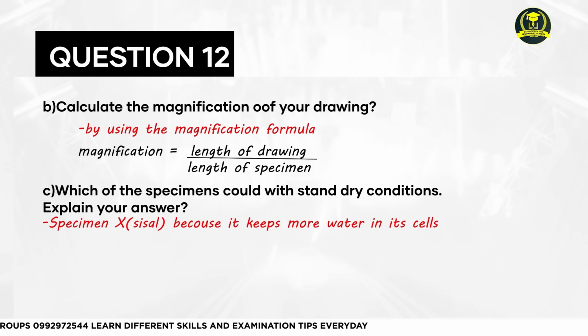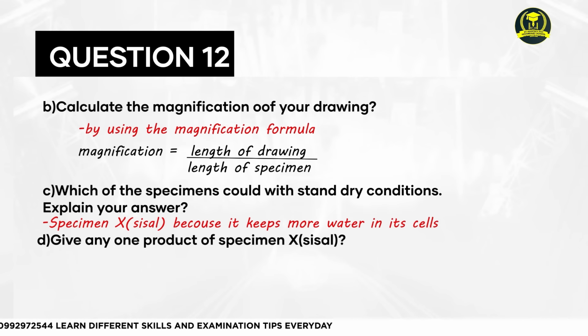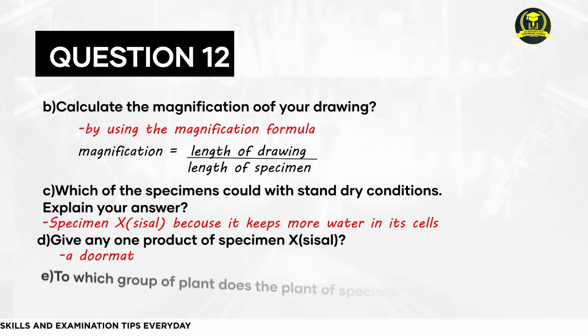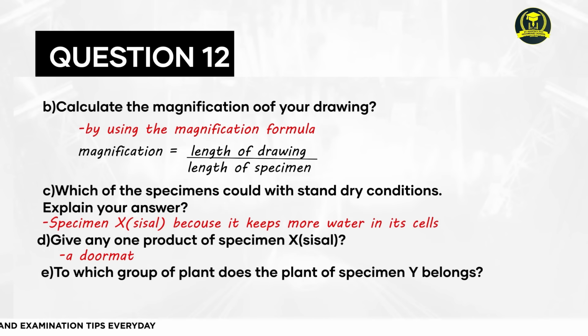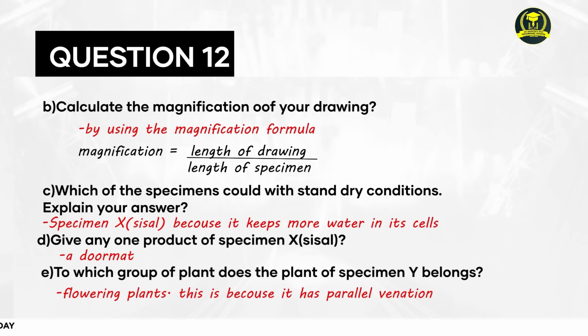Question D. Give any one product of specimen X, which is the sisal. A doormat. Question E. To which group of plants does the plant of specimen Y belong? Flowering plants. This is because it has parallel venation.